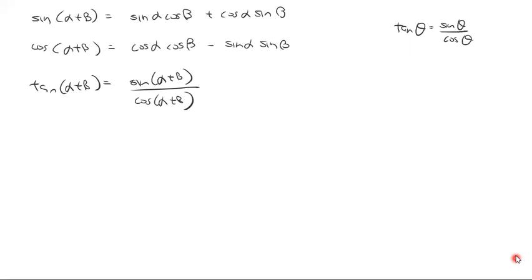And we have them right there. So it's got to be sine alpha cos beta plus cos alpha sine beta, all over cos alpha cos beta minus sine alpha sine beta.